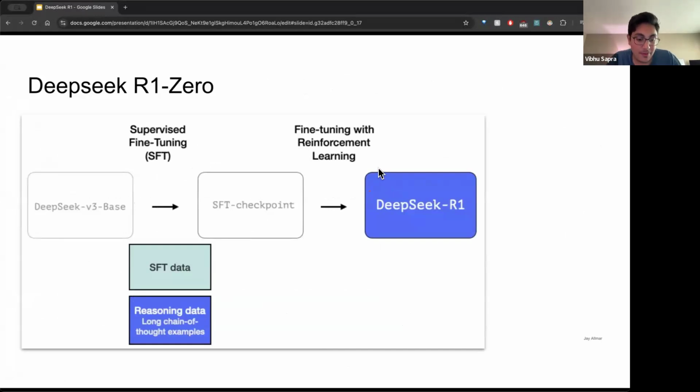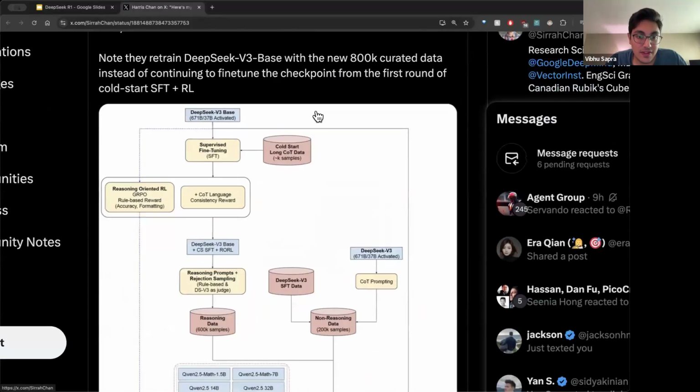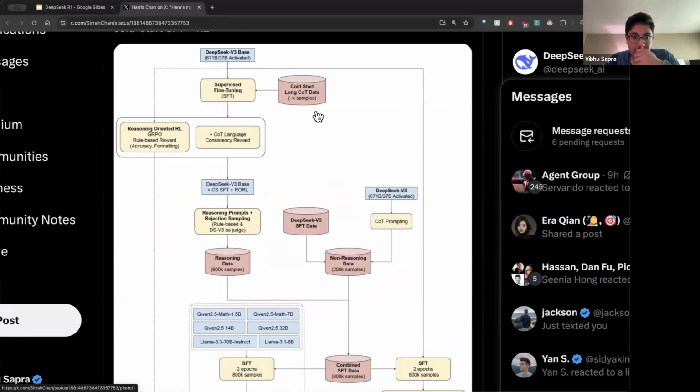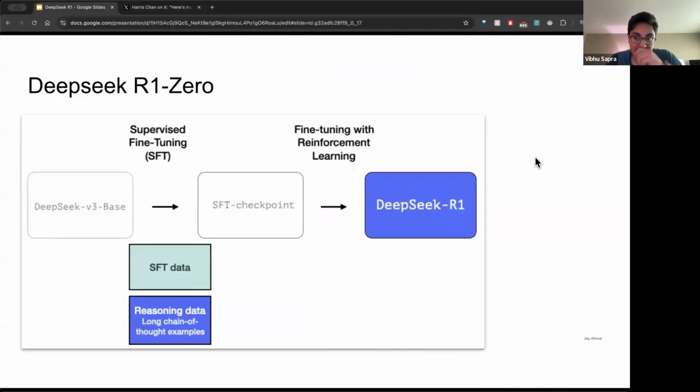Actually, there was a better chart posted in Discord. Let me pull it up. It was just posted about an hour ago. This is a better overview of the training pipeline, but it's also kind of what's happening here. They've got the DeepSeek V3 base, they do SFT on reasoning data examples. They have this SFT checkpoint.